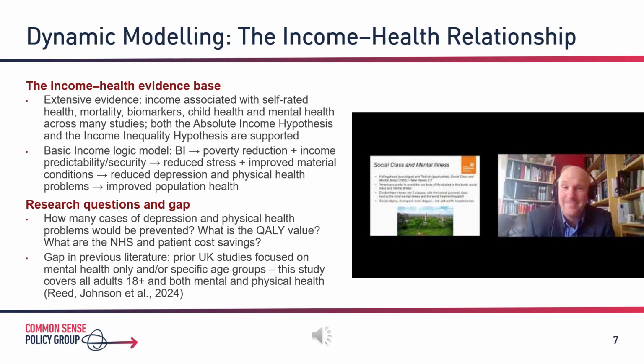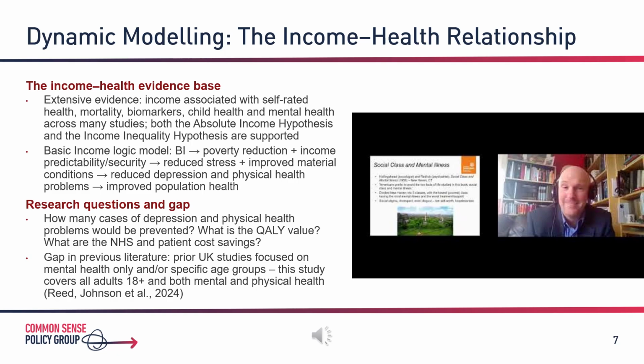The Common Sense's basic income health logic model traces the causal pathway the research is testing. Basic income directly increases income and reduces poverty. It also increases income predictability and security. This is a distinct pathway from the absolute income level, reflecting the evidence that volatility and uncertainty in income are independently harmful to health.